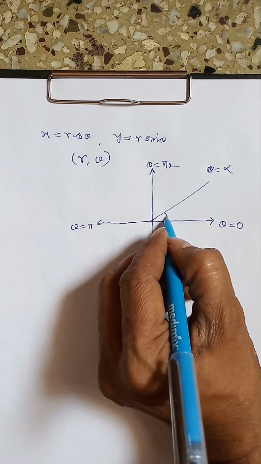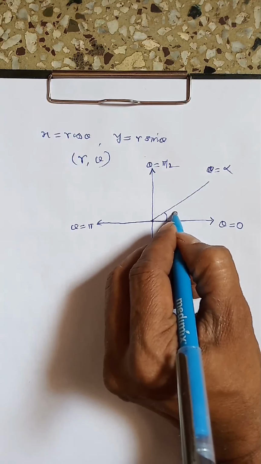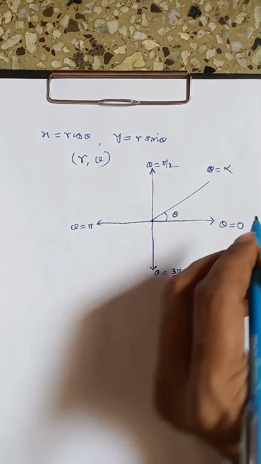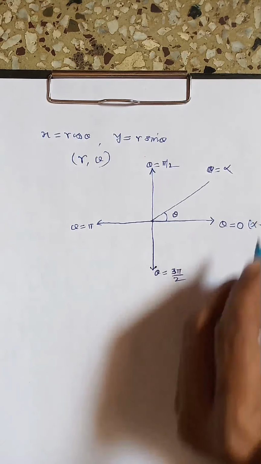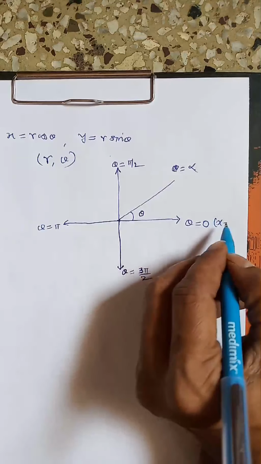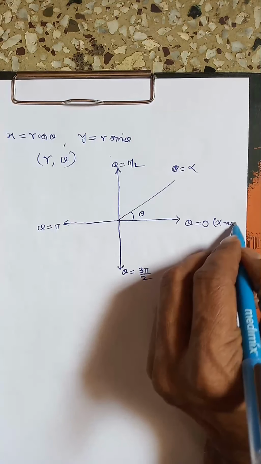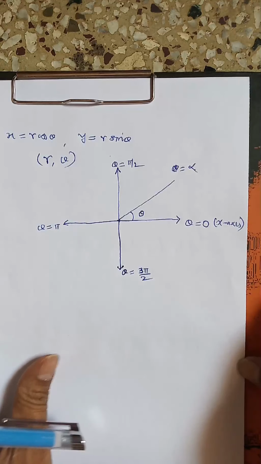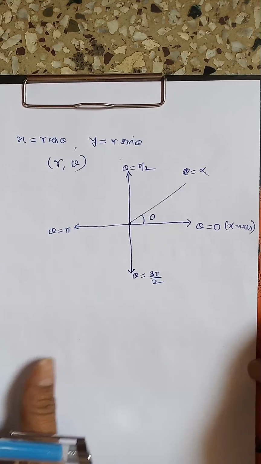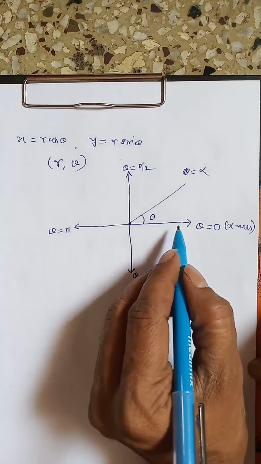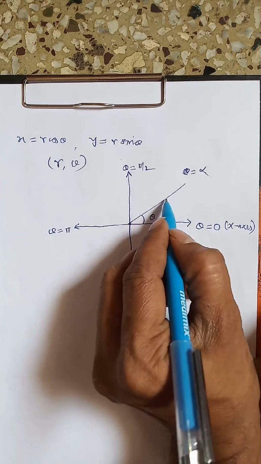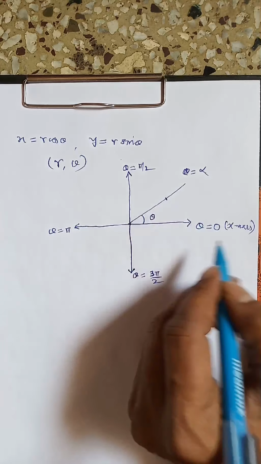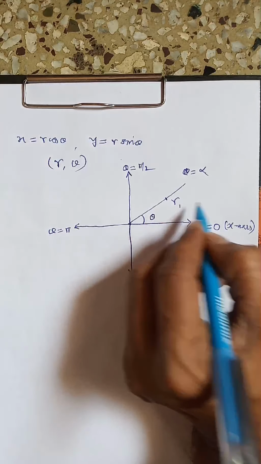So you know theta is the angle from this initial line, which is said to be the x-axis, and r is the distance of the point from the origin.